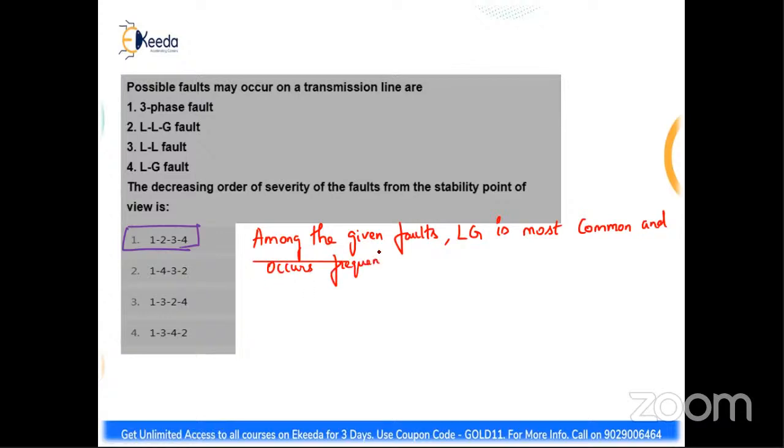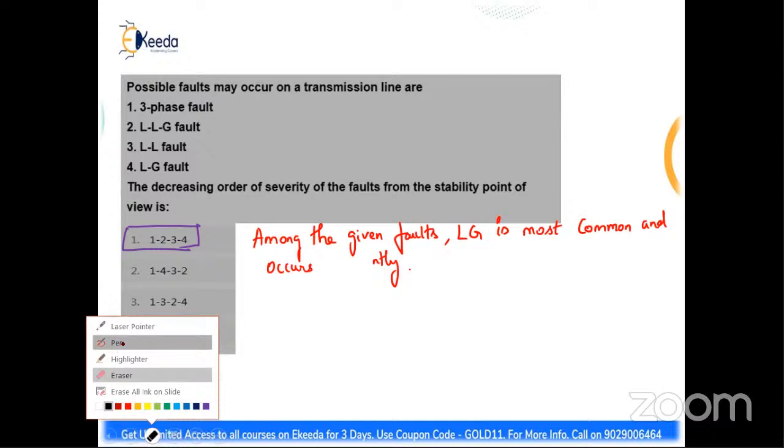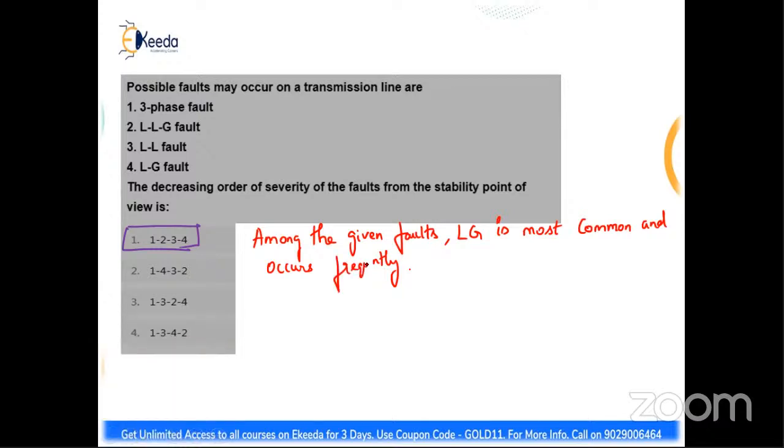Which one? Line to ground fault. Understood? So line to ground fault is the most common and occurs frequently.